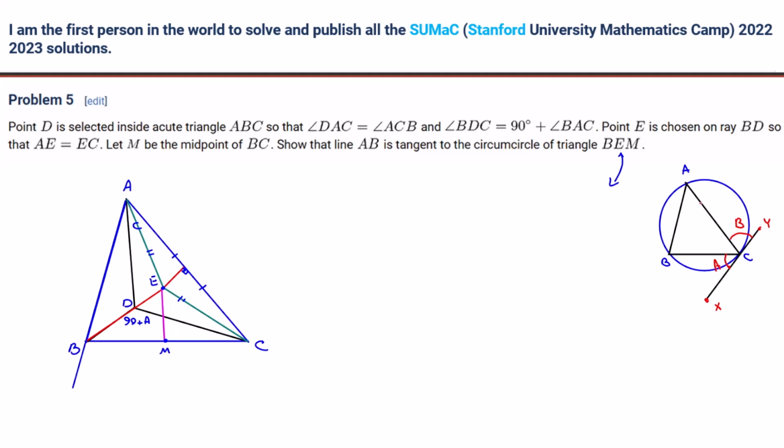So now that we know this point here, let me call this one X. We should prove which two angles are equal.